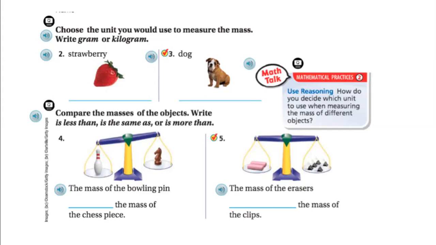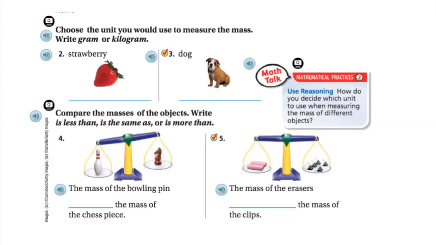So for number 2, if you guessed gram, you are correct. Number 3, a dog. Is it a gram or kilogram? Give you some think time. If you guessed kilogram, you were correct. For number 3, the correct answer is kilogram.